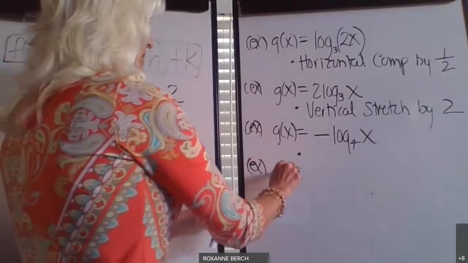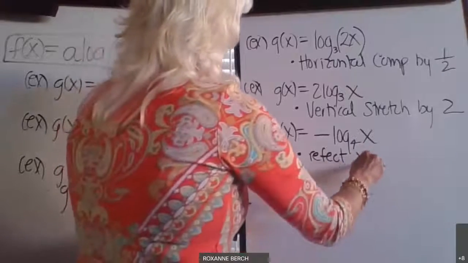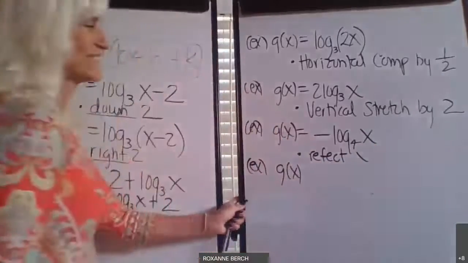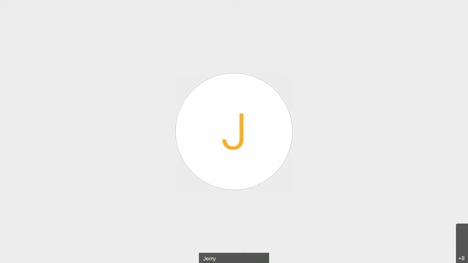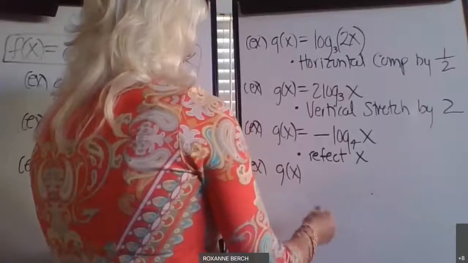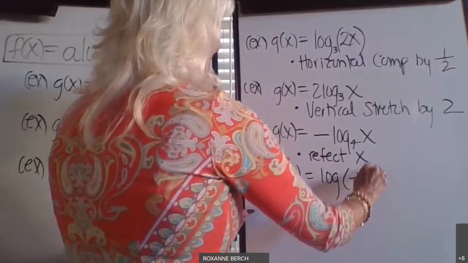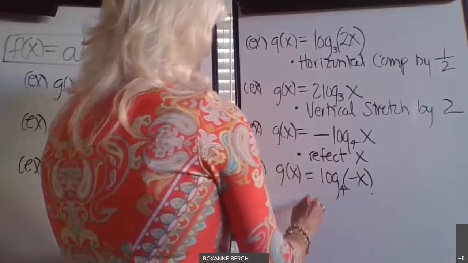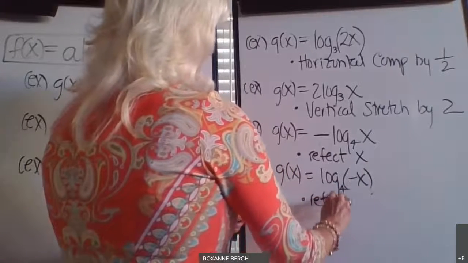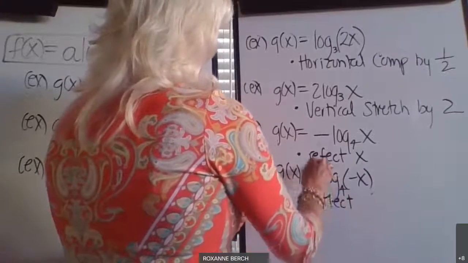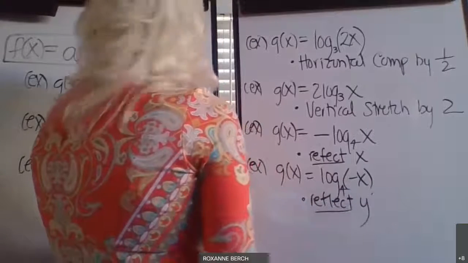It's a reflection. Reflect y. I'm sorry, what'd you say? Reflect y. Y or X when it's outside? X. Okay, so if you have a negative inside like this, that's a reflection over what? Over the y-axis.